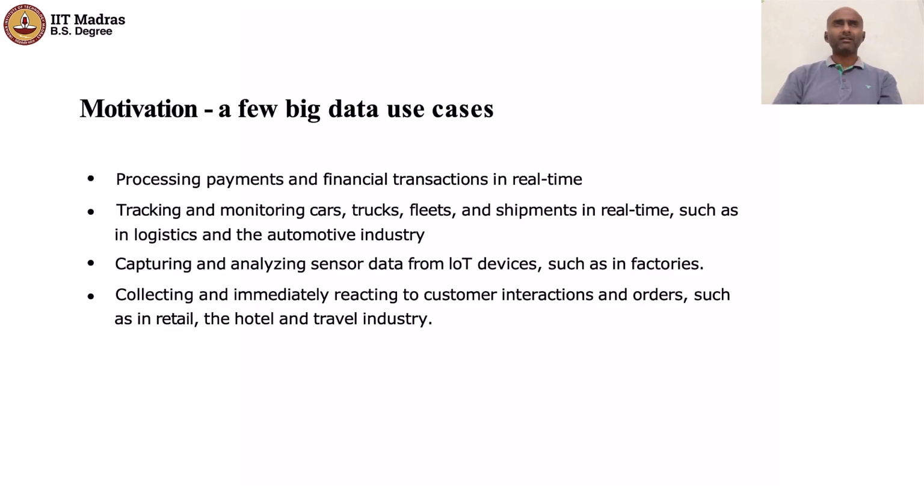So both these examples are point in time event driven examples. There are other kinds of examples which are continuous, like, for instance, tracking and monitoring cars. That's a classic example. We've all been beneficiaries of this when we take Ola or Uber, right?